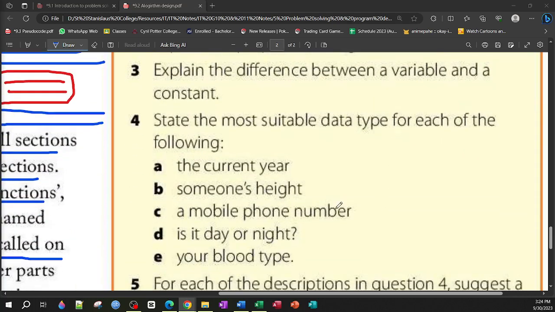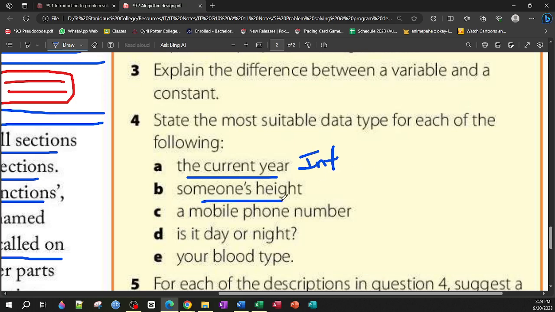Good. Question 4: state the most suitable data type for each of the following. The current year. What data type? Integer. Integer, sir. Good. Because it's a whole number, right?